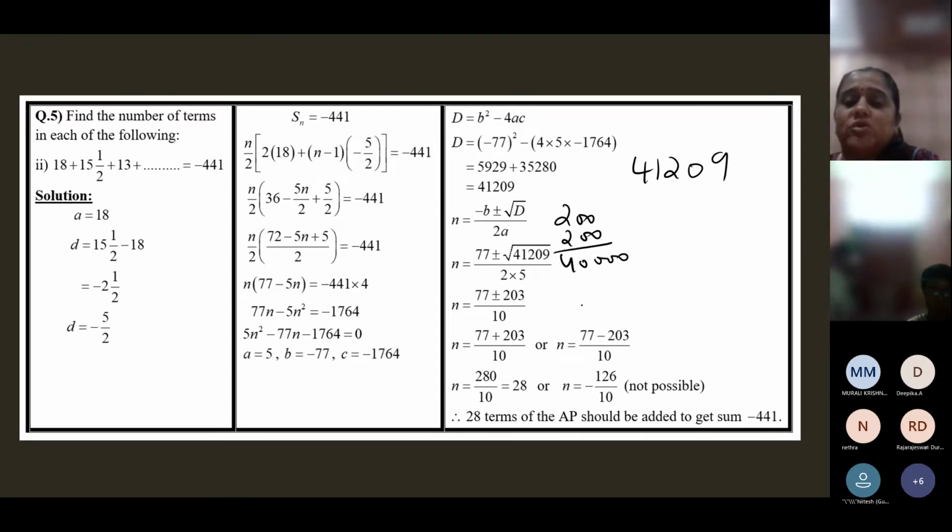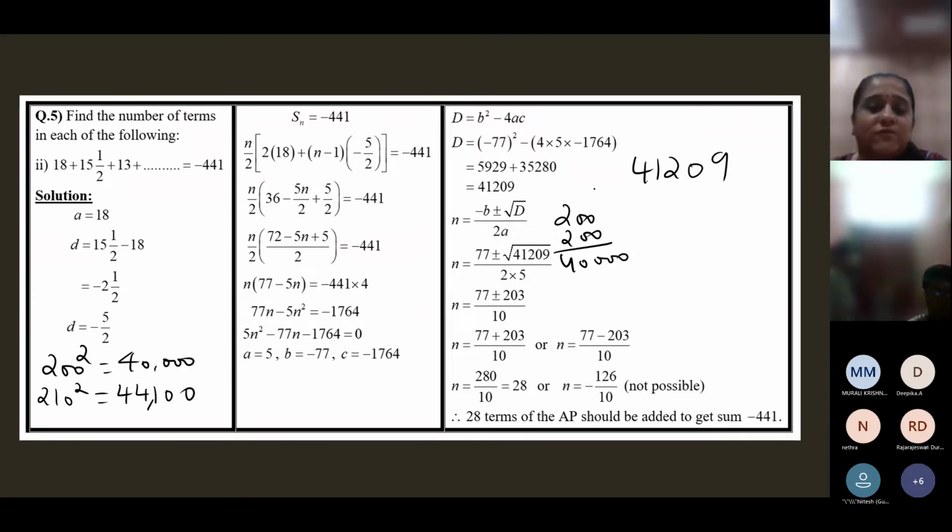So find two numbers between which this number 41,209 lies. 200 squared is 40,000. 210 squared: 21 squared is 441 and 2 zeros, 44,100.